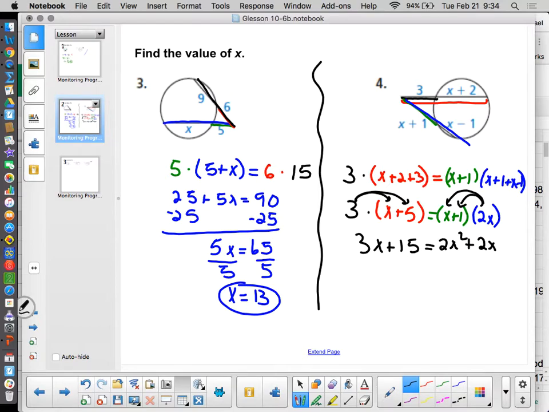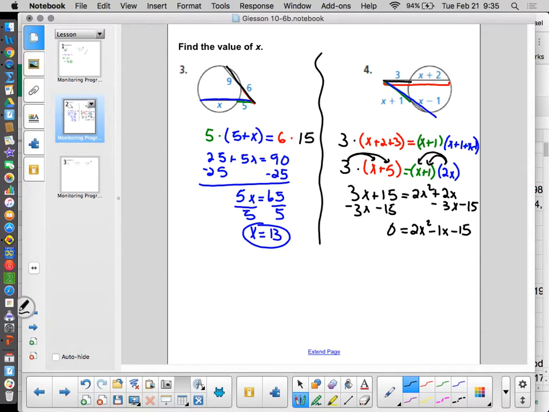I'm going to bring them to the right side because the 2x squared is positive there. So I'm going to do minus 3x and minus 15. So 0 equals 2x squared minus 1x minus 15.